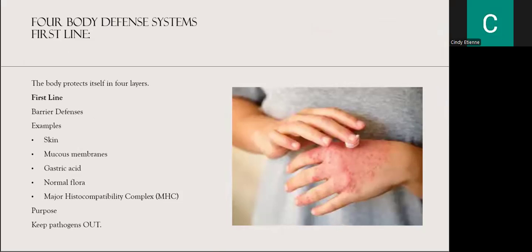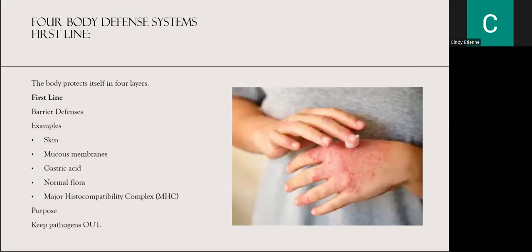The body's first line of defense is made up of physical and chemical barriers that work to keep pathogens from entering the body in the first place. Think of it as a security fence around the building. The skin forms a protective barrier. Mucous membranes trap germs.